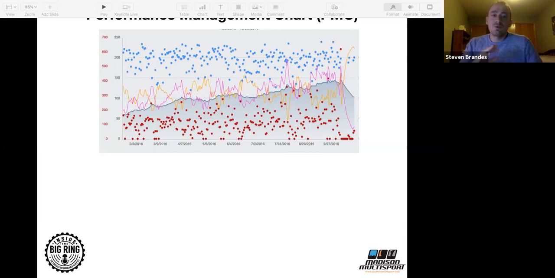There's many ways of looking at a PMC graph. The one thing that I look at, say if you're competitive, I'm just going to start there. A lot of times I give people a CTL number. CTL, chronic training load, is a very good indication of how fit you're going to be on race day.